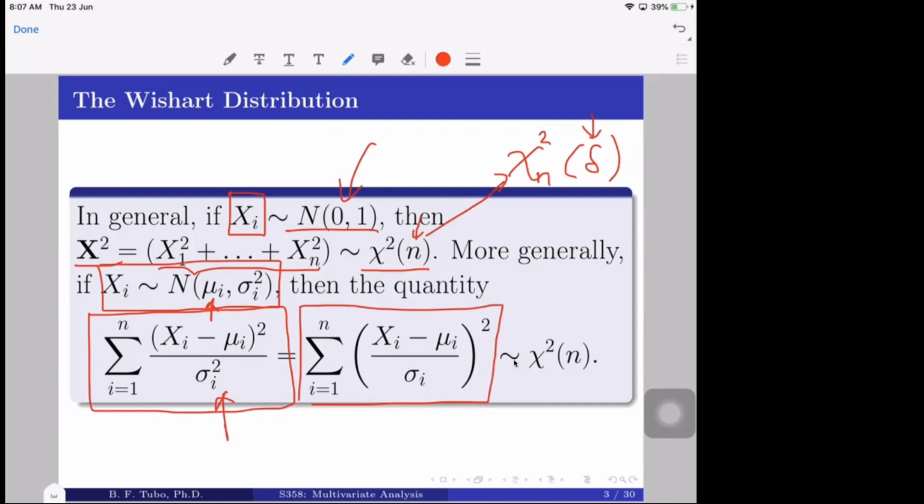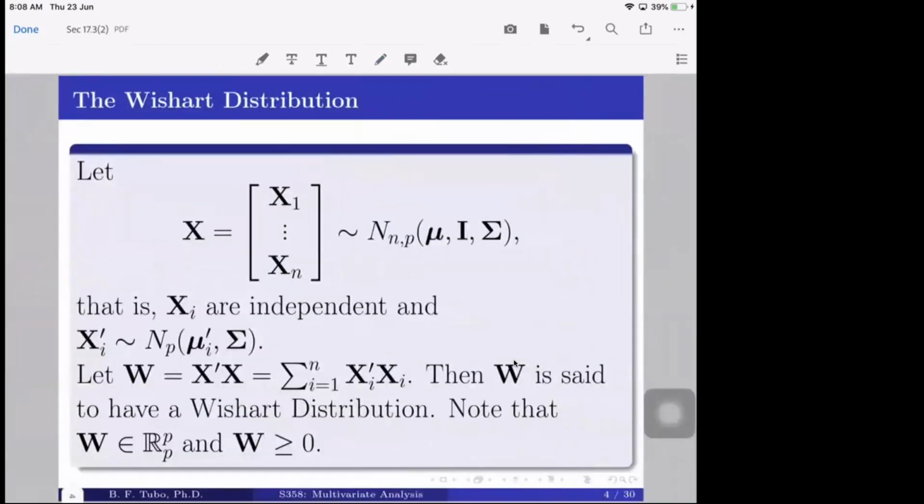Take note that your x's here should be normally distributed minus the mean. So this is central. This is what makes it central, because you subtract from the mean. So it is chi-square distributed with n degrees of freedom.